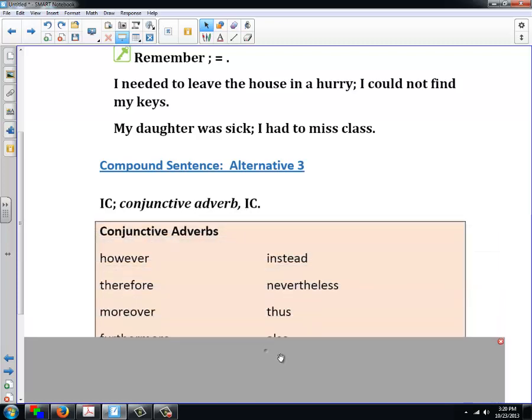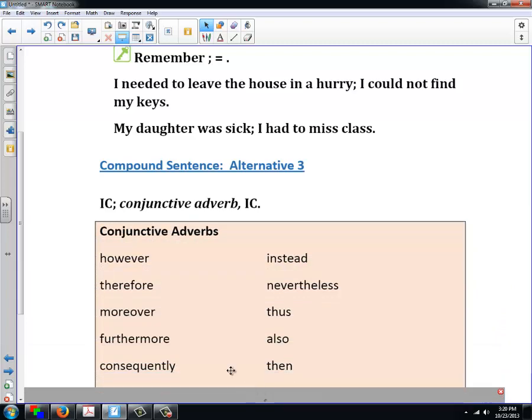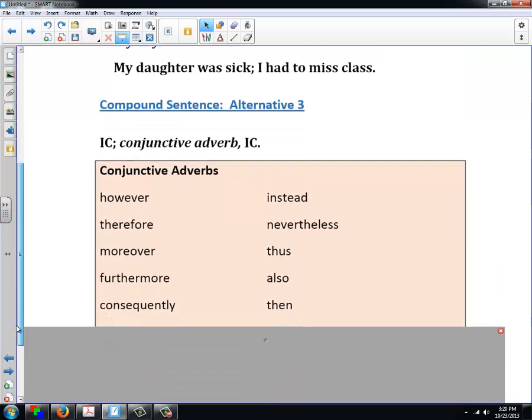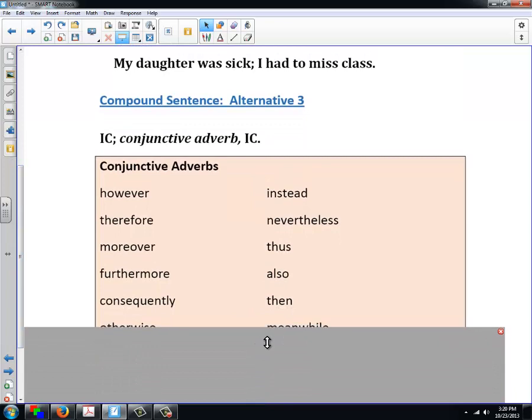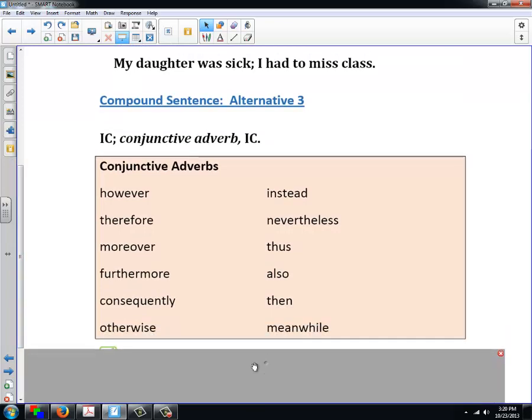Here is a list of very commonly used conjunctive adverbs. Remember that we're going to place a comma after the conjunctive adverb, and that the semicolon will still occur where the two independent clauses come together.